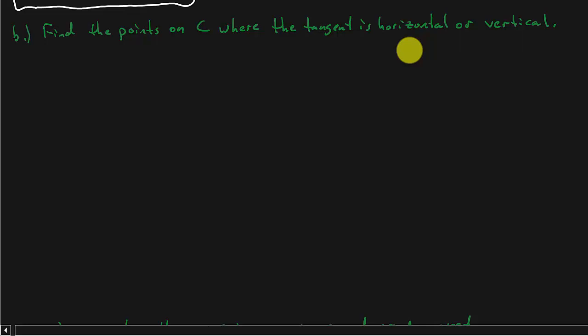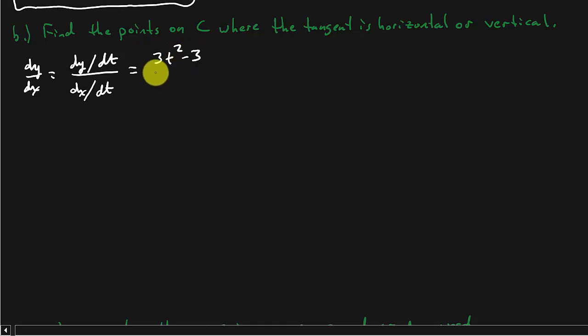So how do we determine when the tangents are horizontal or when they're vertical? Well, first, let's write down the derivative again. Remember, that's dy dt over dx dt, and that was 3t squared minus 3 over 2t.